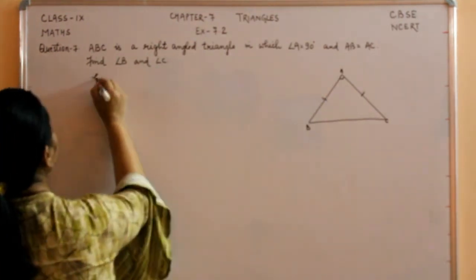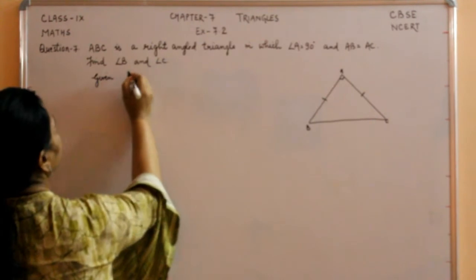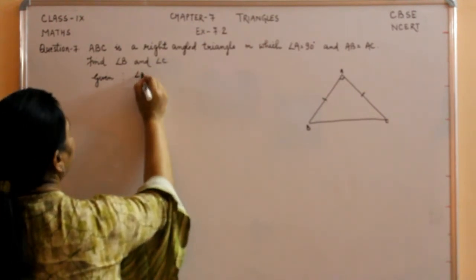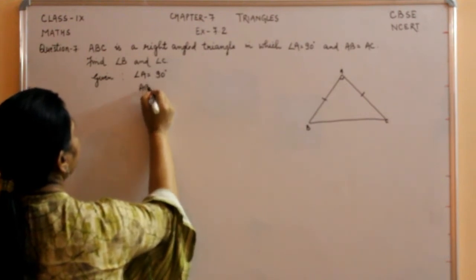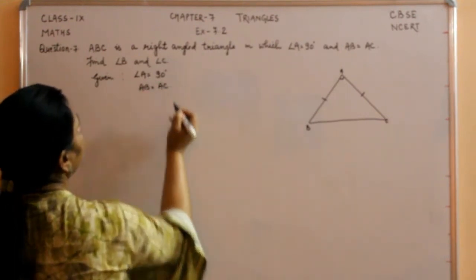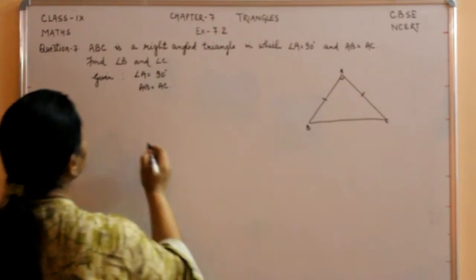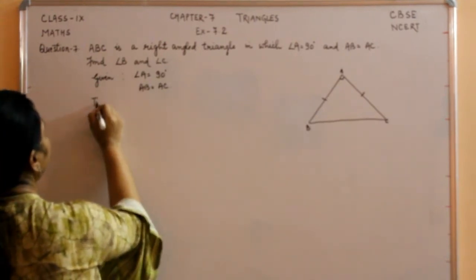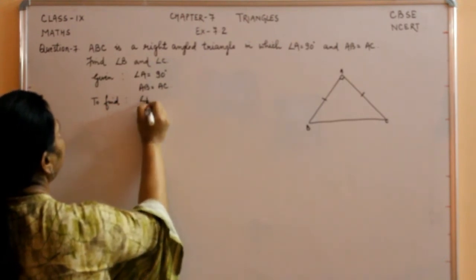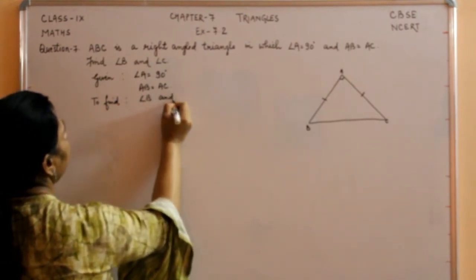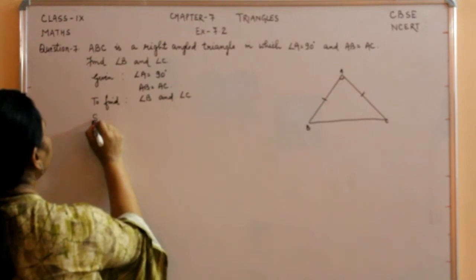So what is given? Angle A is equal to 90 degree and AB is equal to AC. Now we have to find angle B and angle C. Now this is the solution for this.